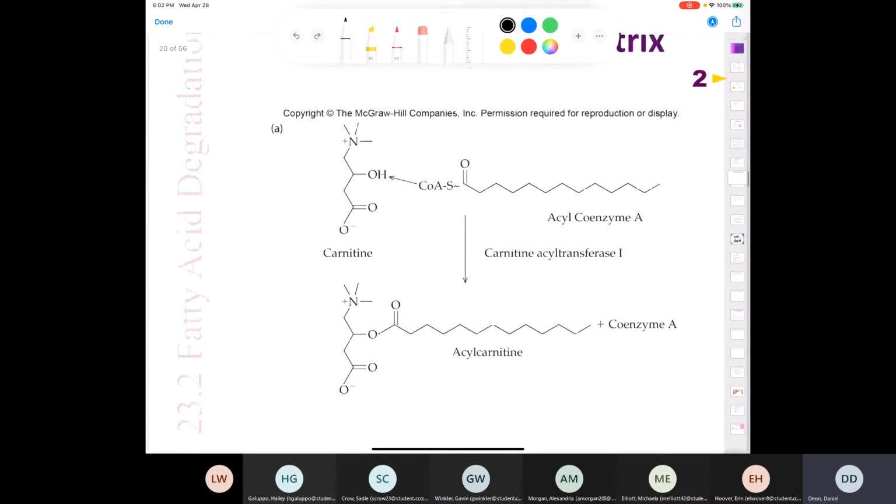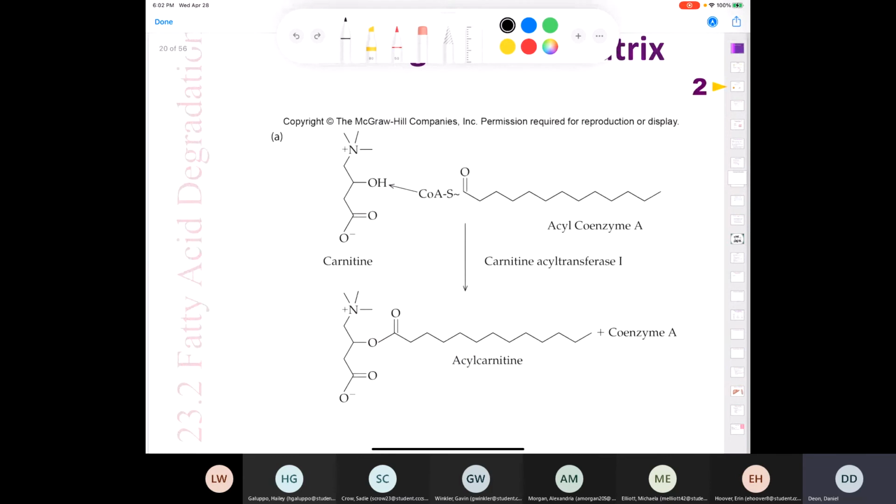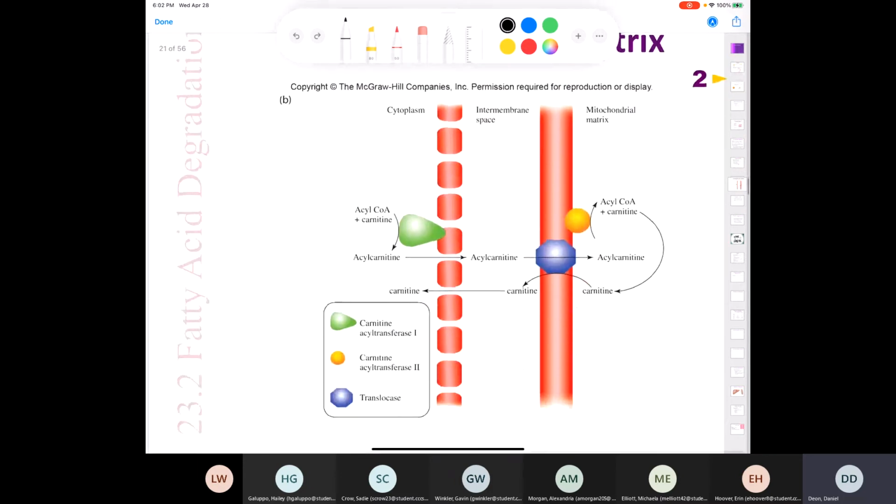So if we take a look here, here's just the activation or the formation of acylcarnitine. So this is carnitine here. I'm not going to ask you the structure of carnitine. It's just a molecule that attaches itself to the acyl coenzyme A molecule. You make the acylcarnitine, and here is a figure that comes straight from our book. It's very self-explanatory, I think. Here's the reaction between carnitine and acyl coenzyme A to form the acylcarnitine molecule.